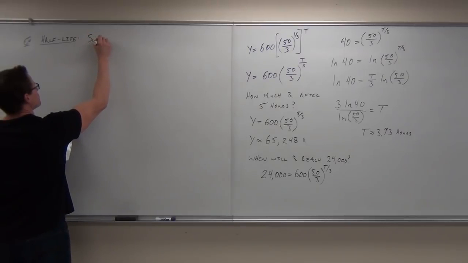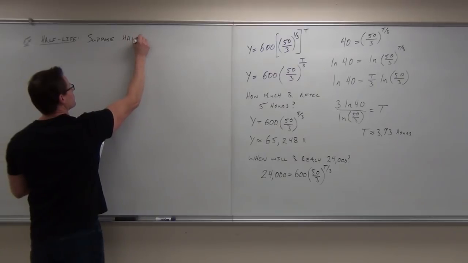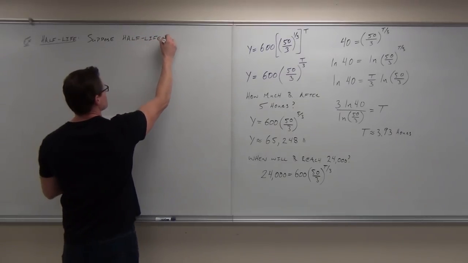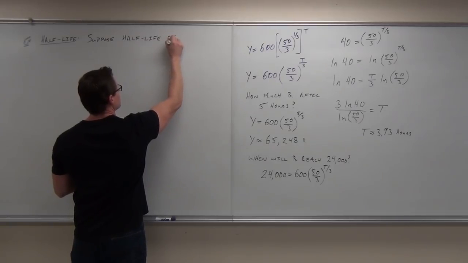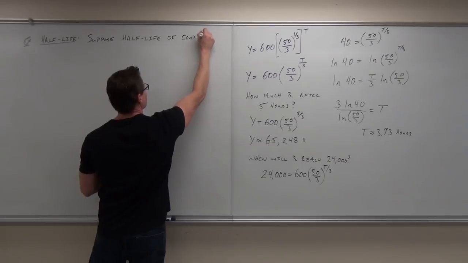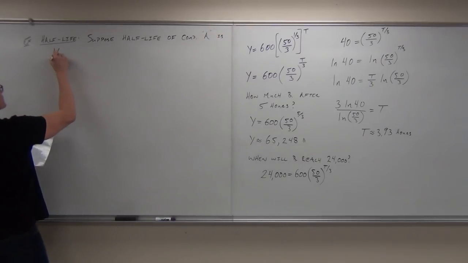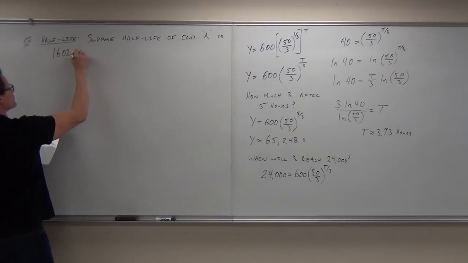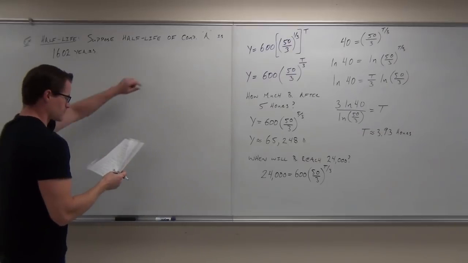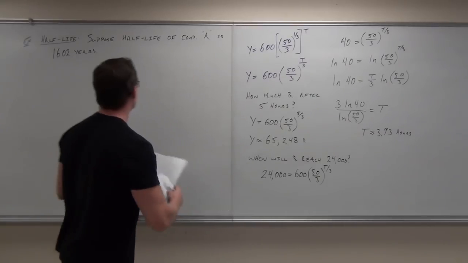So suppose that the half-life of some substance, compound A, is 1,602 years. Let's suppose that we have 100 milligrams to start.